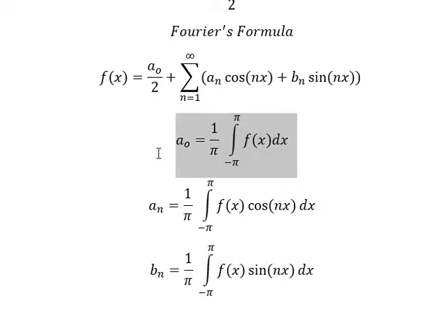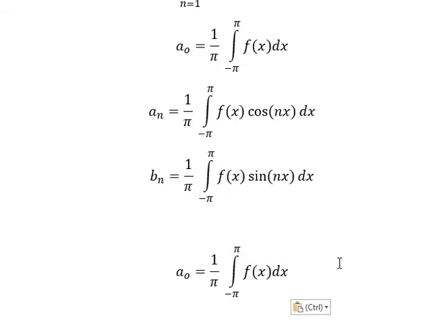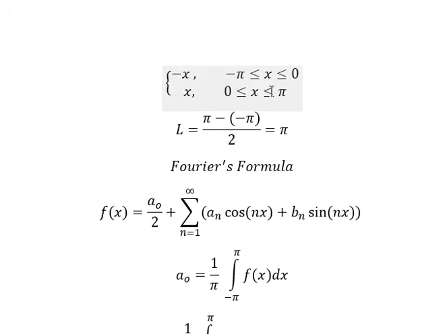Now I will concentrate on this one. Because from negative b to b, we have negative s from negative b to 0, and we have s from 0 to b.